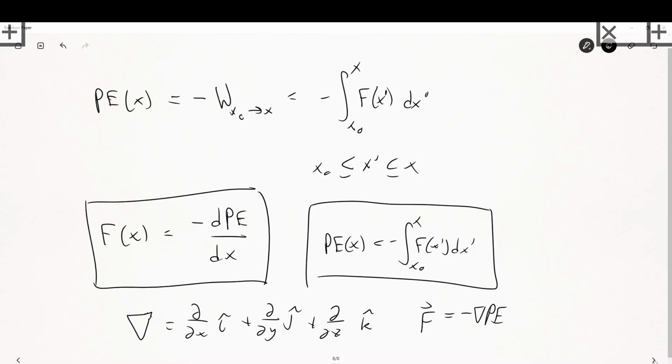And the integral version is pretty much going to be the negative integral from the reference point to the final position of force dot dr. So you might see this in the future if you go further with mechanics or calculus.